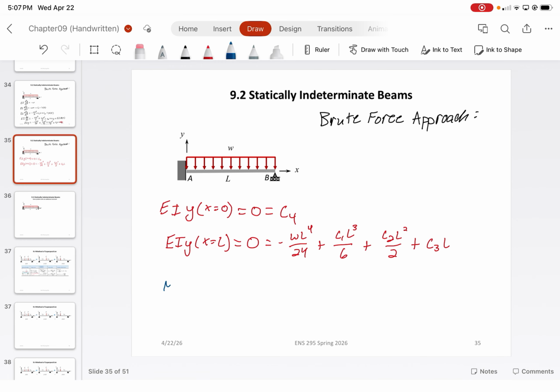So I'll do M at x equals L. We know that that has to equal 0 because it's a roller. And when you plug that in, you get negative WL squared over 2 plus C1L plus C2.